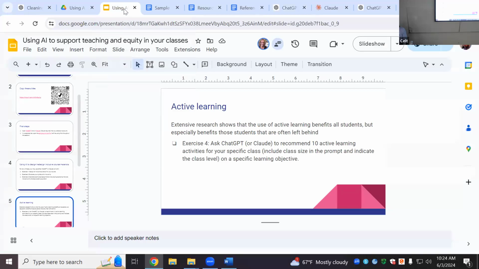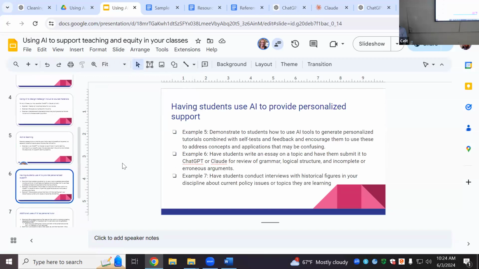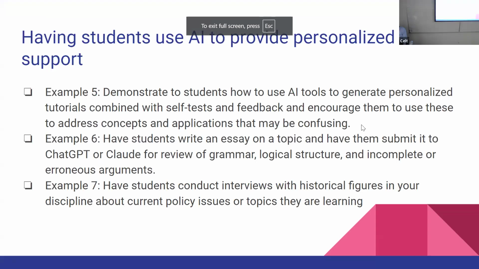Oh, well. So now the last thing I have listed here is a whole series of things for you to try. Basically, this is encouraging your students to use AI to provide personalized support. No matter what we do in our classes, our students come in with very diverse backgrounds, and we can provide them with support on all the areas we think they need it, and the textbook may provide that too, and any supplemental materials.